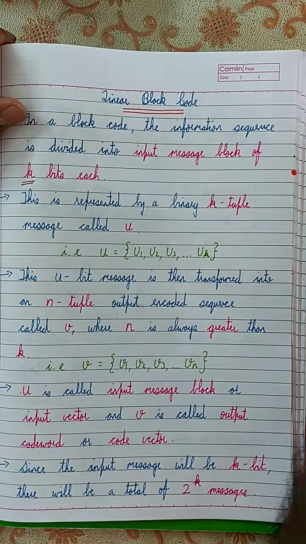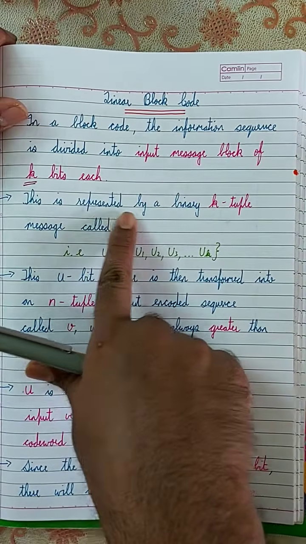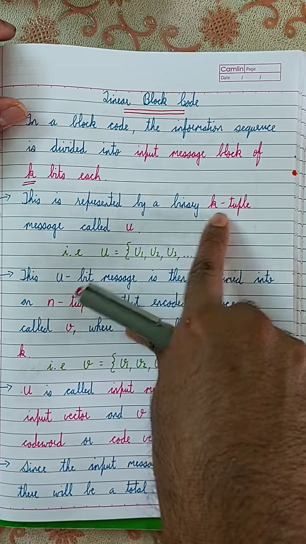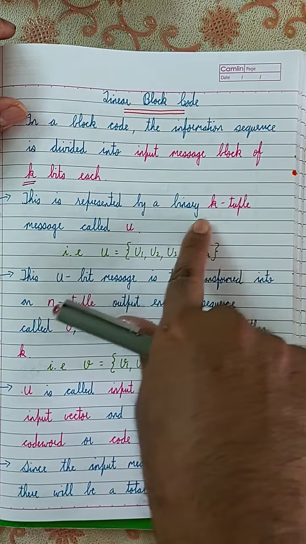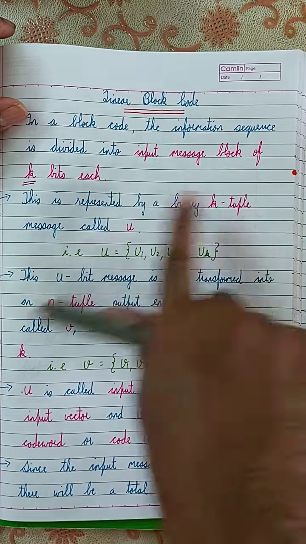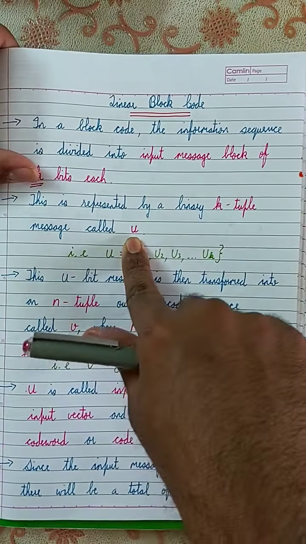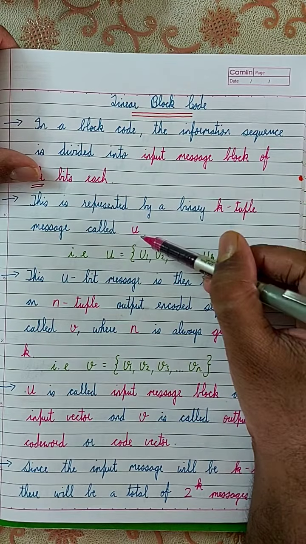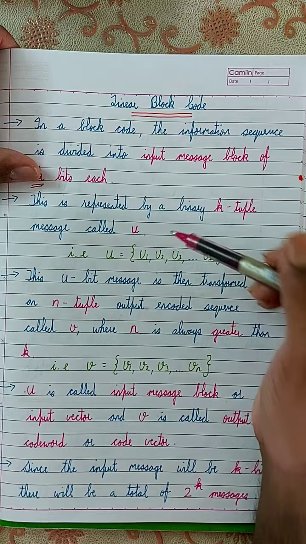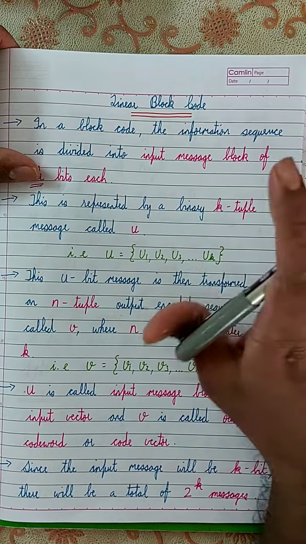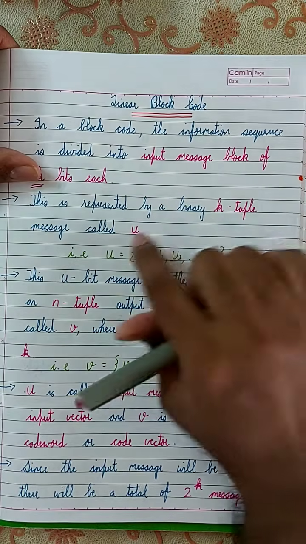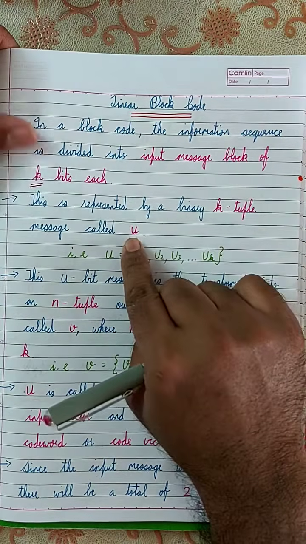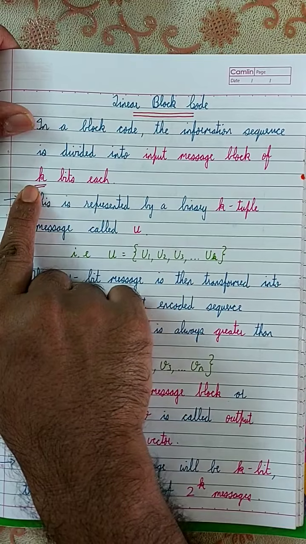Those message blocks are represented by a binary k-tuple. K-tuple means k bits, or a group of k. So the binary k-tuple message is called u. Each message block is represented by the letter u, so u is nothing but the input message block, and the length of u is k bits.